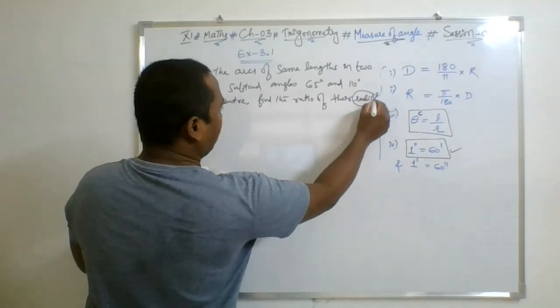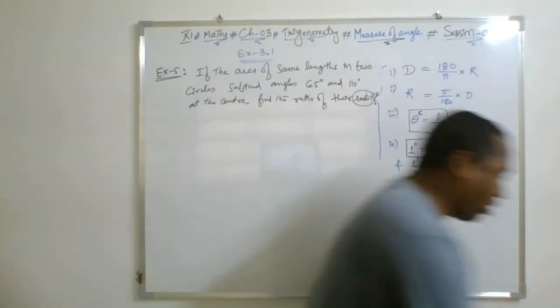Radii means it's the plural form of the radius.